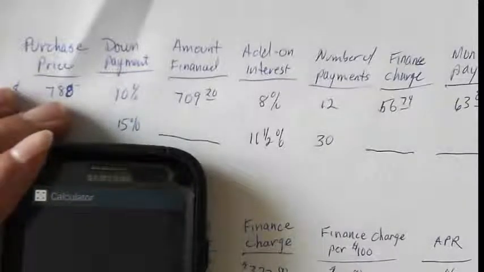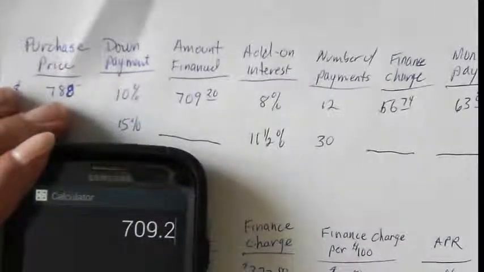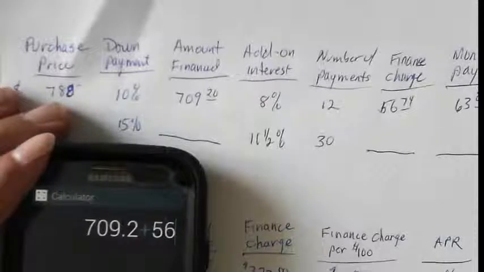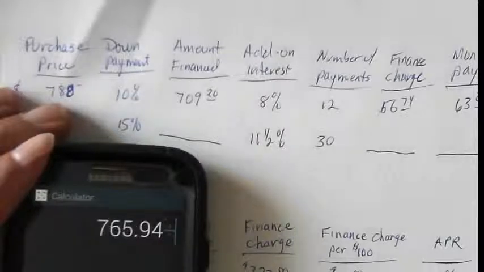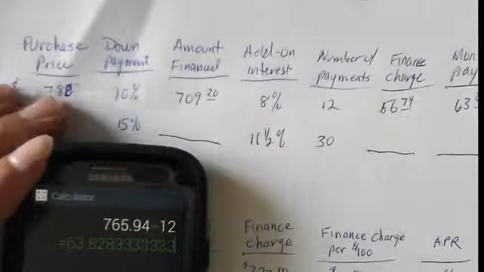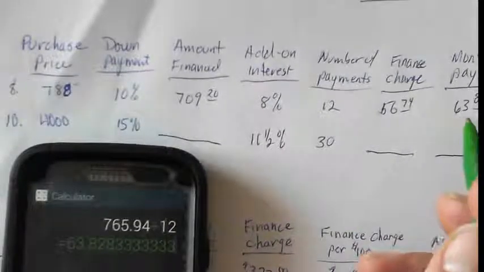Okay, so let's try this here. Must have hit the wrong button. 709.2 plus 56.74 equals, divided by 12. There we go. And they rounded up.